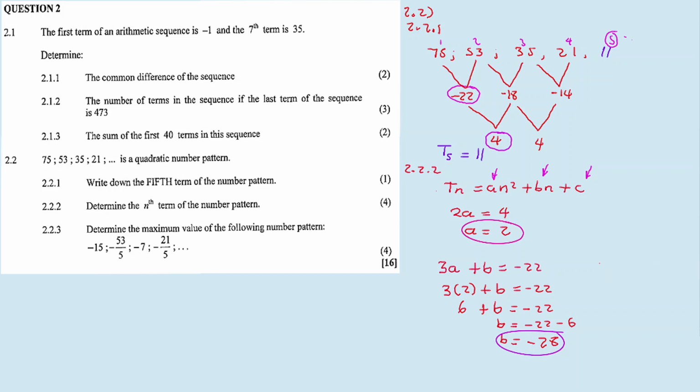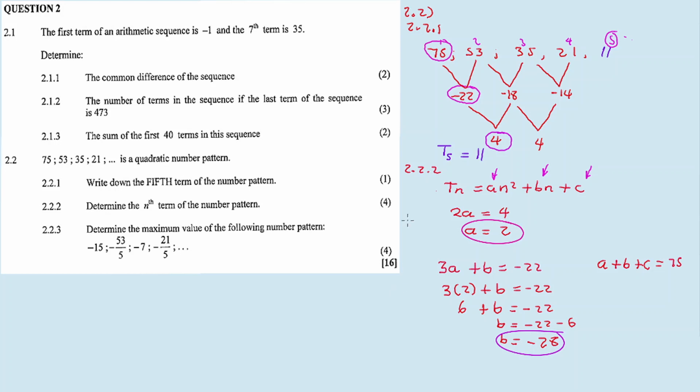And then for c, you say a plus b plus c must give you 75. This 75 is the first term of this quadratic pattern.